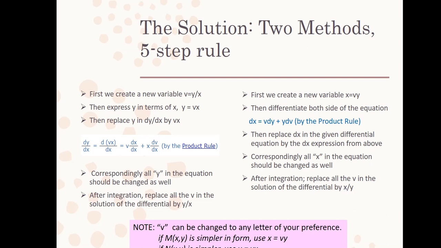So, notice class that v, as I have mentioned a while ago, is an arbitrary variable that you will place in here together with your original variables x and y. If you want a different letter, then do so. If you want to replace v with any letter that you like, then you can do that as well.